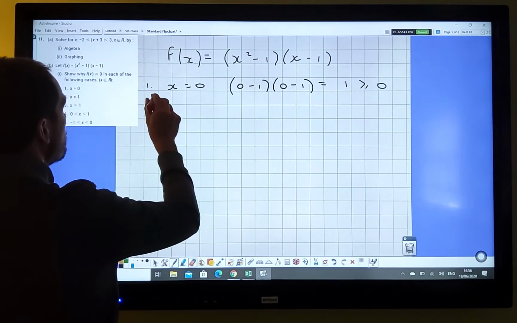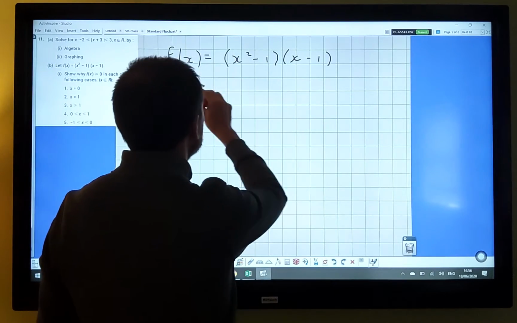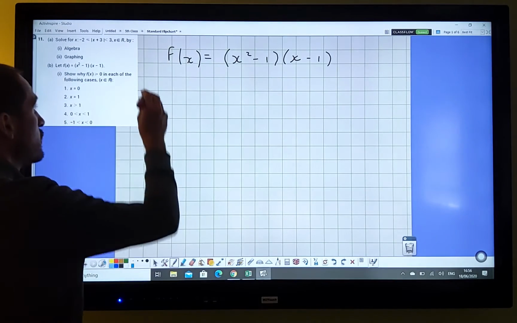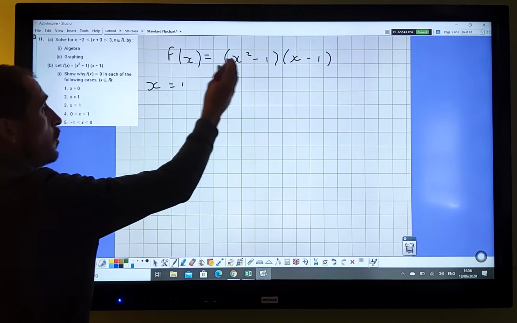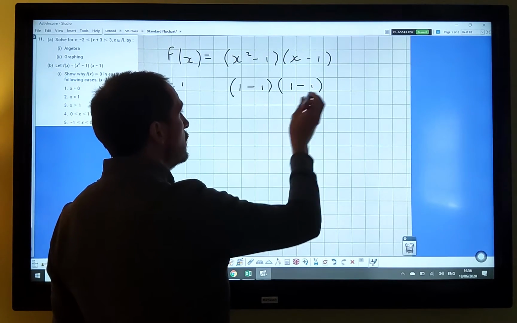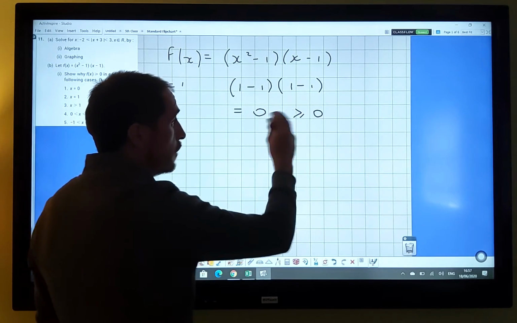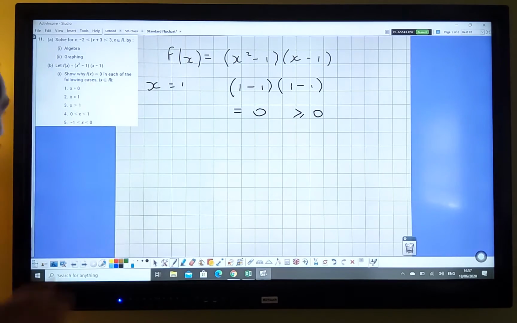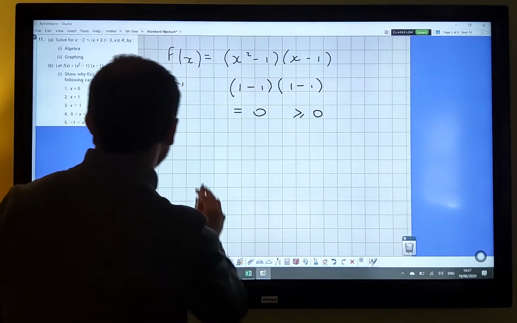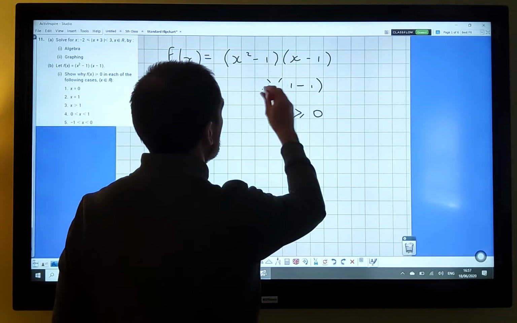Now, the next part: if x is equal to 1, then you get (1 minus 1) times (1 minus 1), which is equal to 0, and 0 is greater than or equal to 0. So the first two are fairly straightforward. The next two just involve a little bit of factorising.